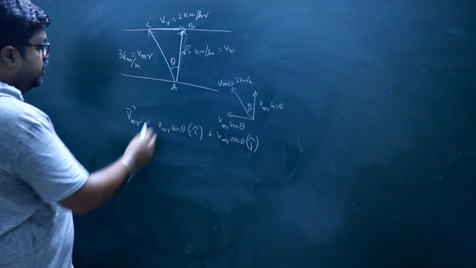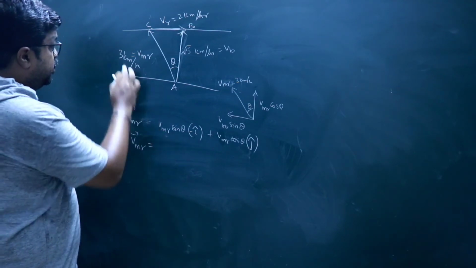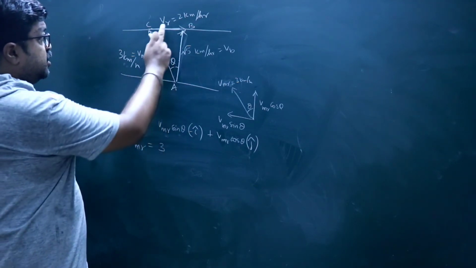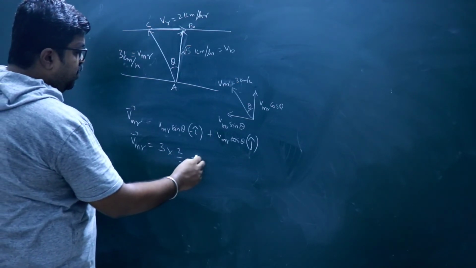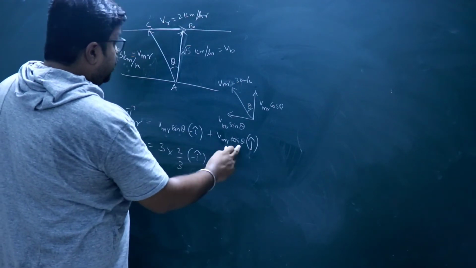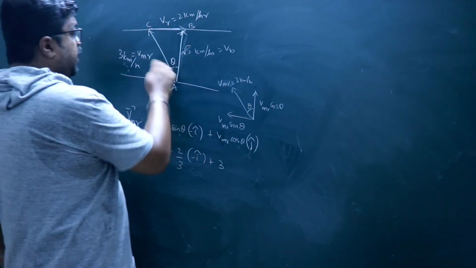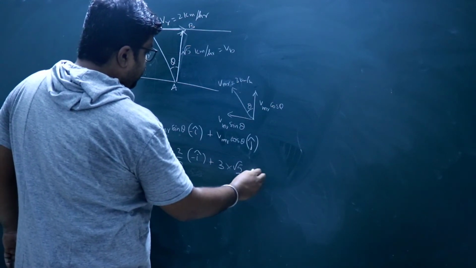So substituting the values, we have VMR is equal to 3, sin theta is perpendicular by hypotenuse, so it is 2 by 3 minus i cap, plus 3, cos theta is base by hypotenuse, so it is root 5 by 3 j cap.